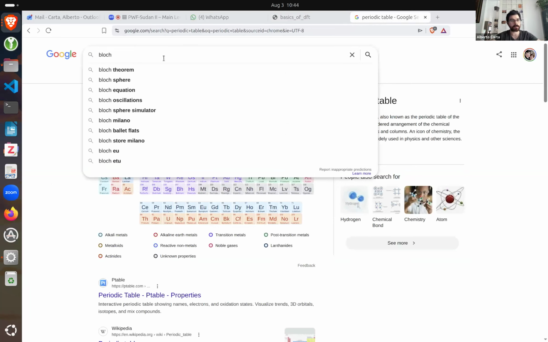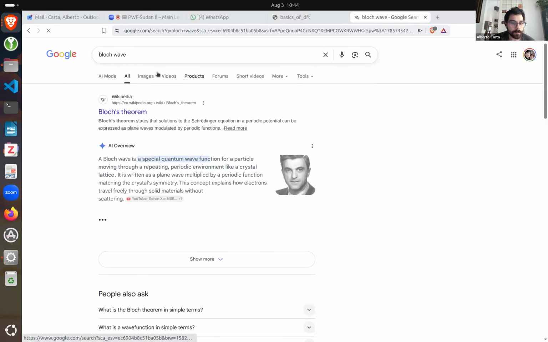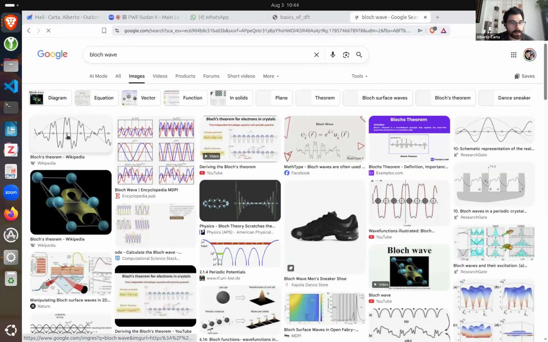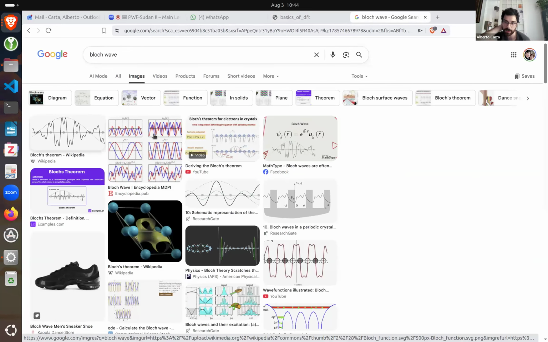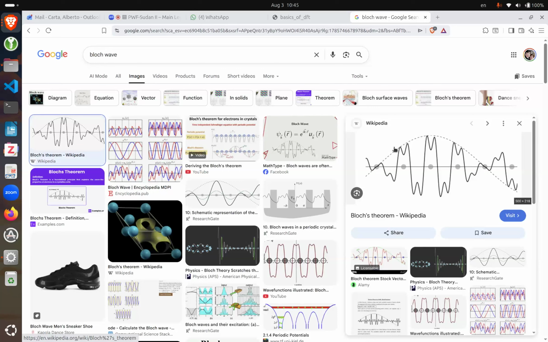If we look at images of a Bloch wave, the Wikipedia page is actually quite good. The free electron would be this dashed line, a pure sinusoid, a pure sine wave.